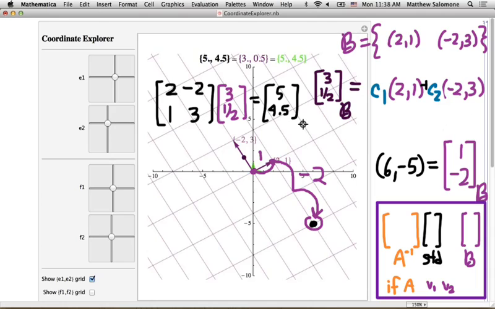And if we're in 3 dimensions, it would have v3. If we're in 4 dimensions, it would also have a v4, and so on. So all we have to do is make a matrix whose columns are our basis, find its inverse, and that inverse has the power to translate standard coordinates into b coordinates.